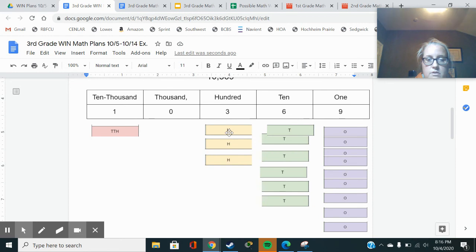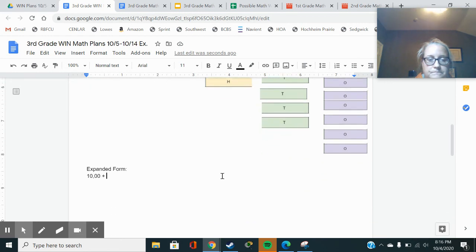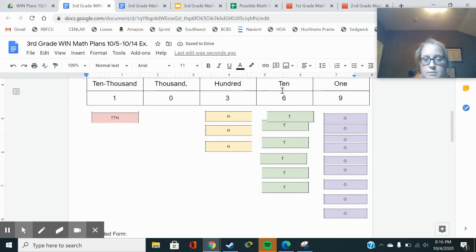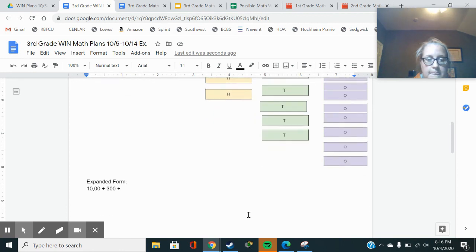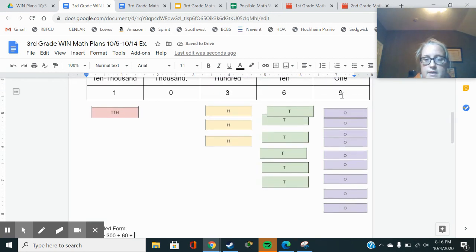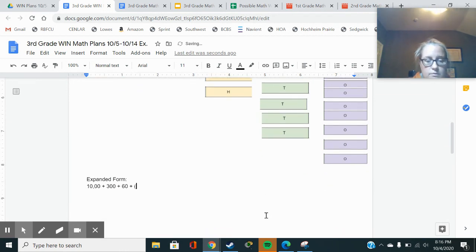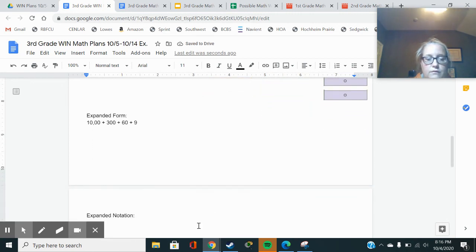So if I counted by hundreds, 100, 200, 300, plus now I'm going to count by tens. I have 6 of them. So if I count by tens, 10, 20, 30, 40, 50, 60, plus my ones. And if I count by ones, 1, 2, 3, 4, 5, 6, 7, 8, 9. So this is what my number would look like in expanded form.